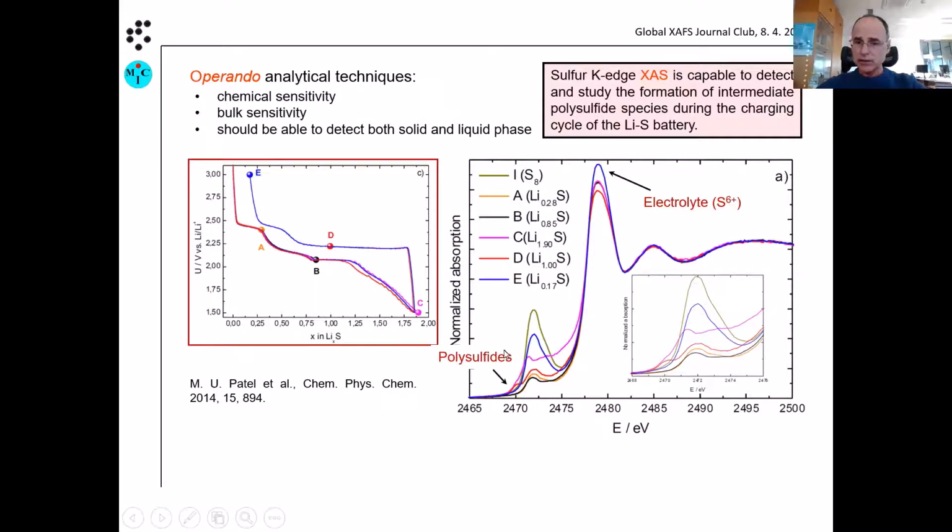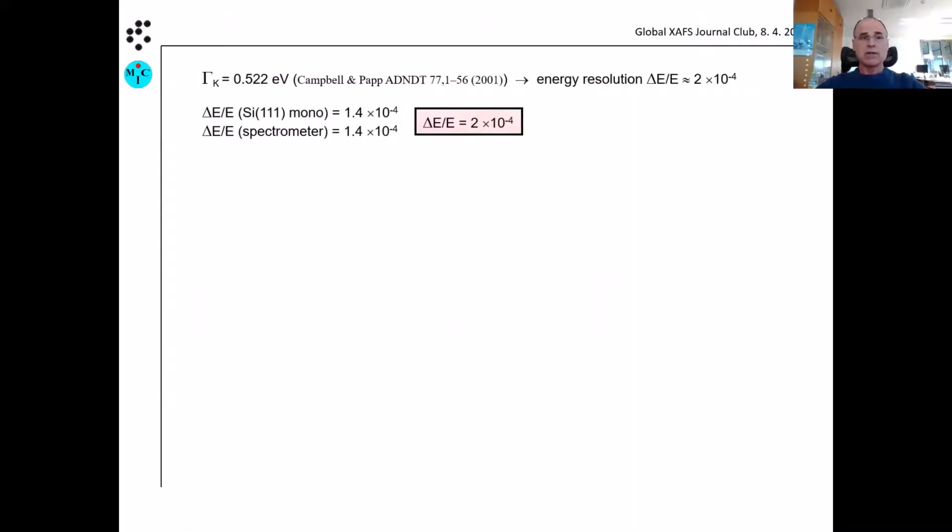It's particularly strong for the pre-edge, so it will enhance your visibility in the range which is the first thing that appears. So our idea was pretty straightforward: bring in the spectrometer and try to do XAS in the tender range, which is not very common.